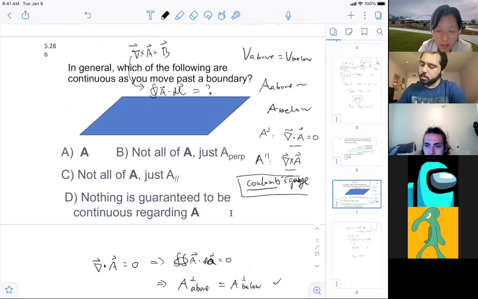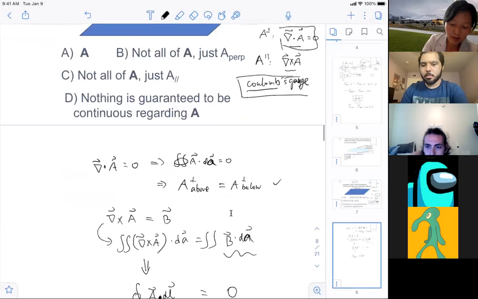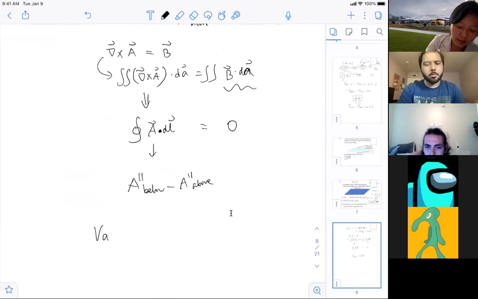Obviously, for the divergence of A, that is a choice of Coulomb gauge. So you can have an A that is not continuous. It's possible. But if we choose the Coulomb gauge, we can have our A be continuous across the boundary. To rewrite this in terms of the derivative of A, remember we had V above equal to V below.